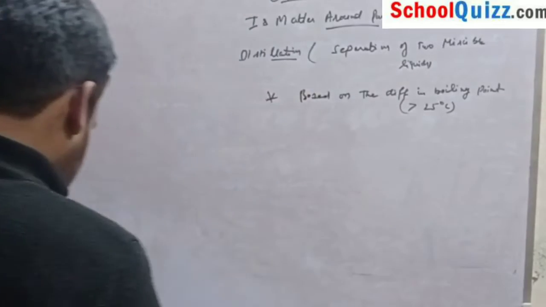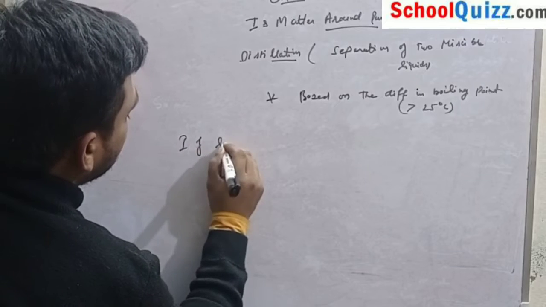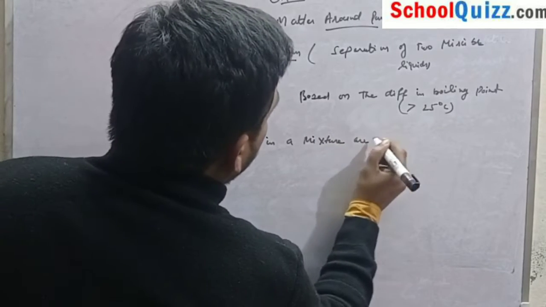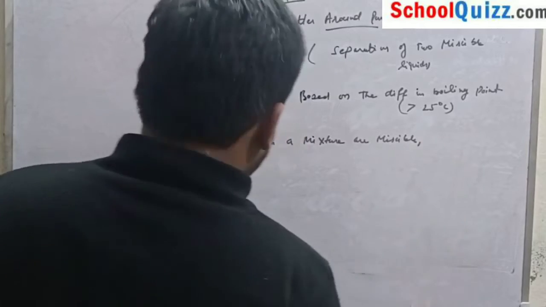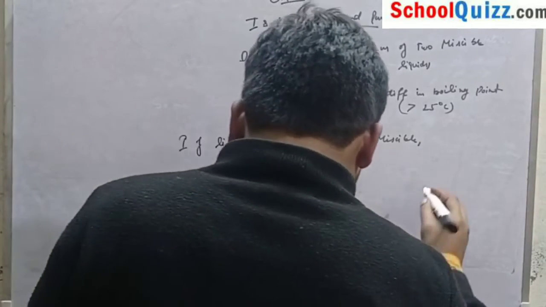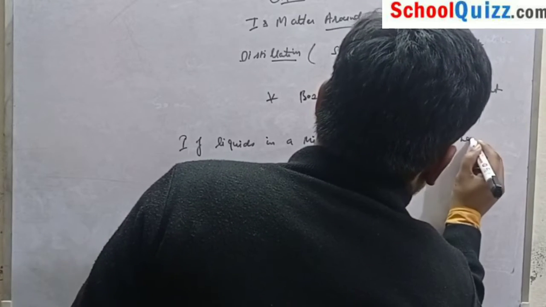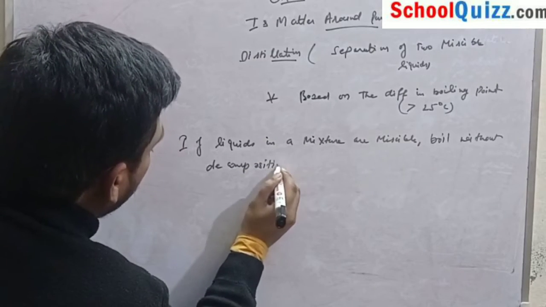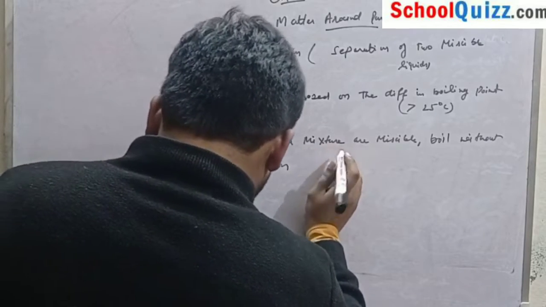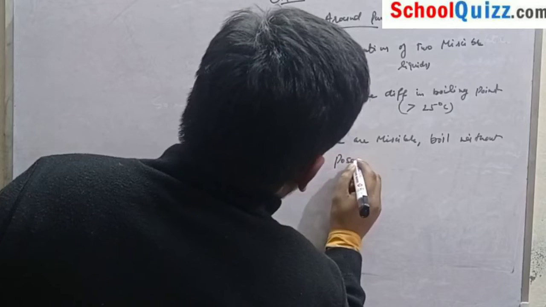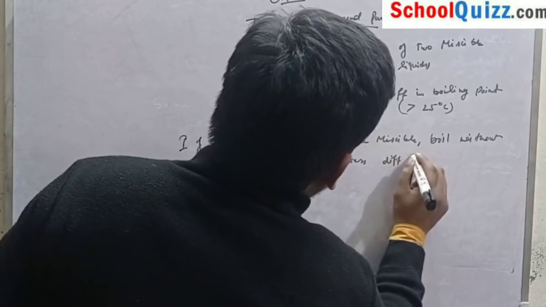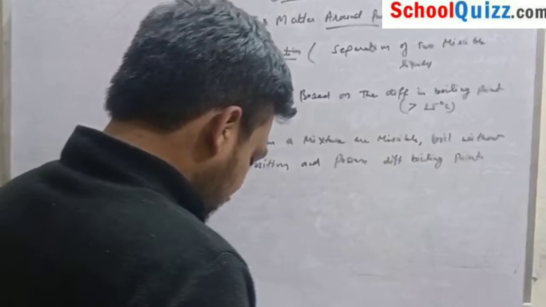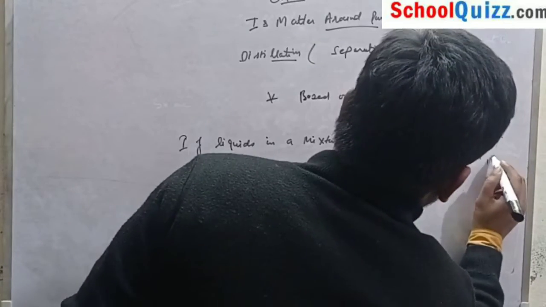We can write it as: if liquids in a mixture are miscible, boil without decomposition, and possess different boiling points, then they can be separated by distillation.